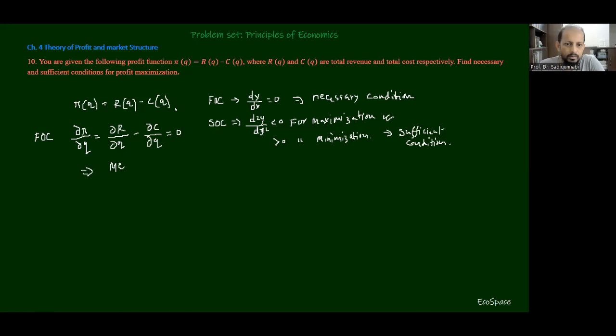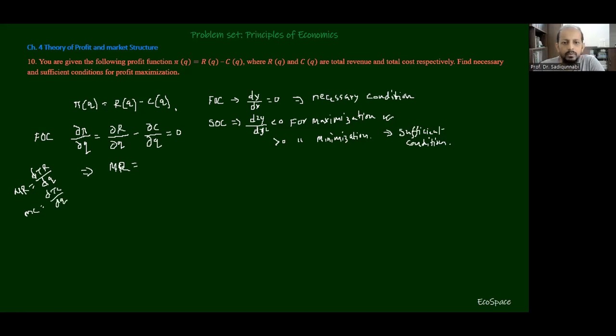Marginal revenue is the change in total revenue divided by the change in quantity, and marginal cost is dTC divided by dQ.